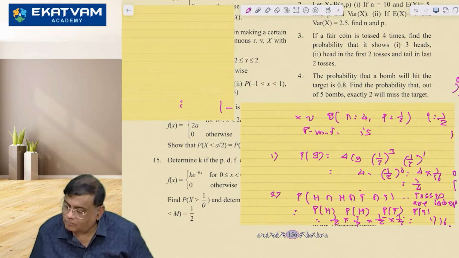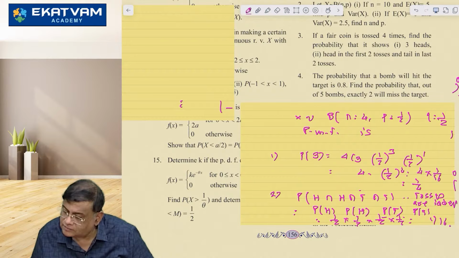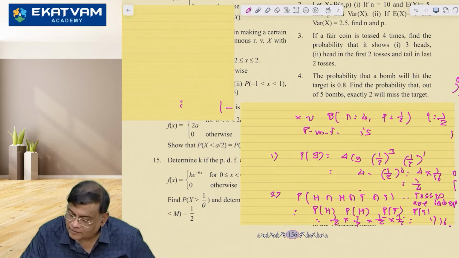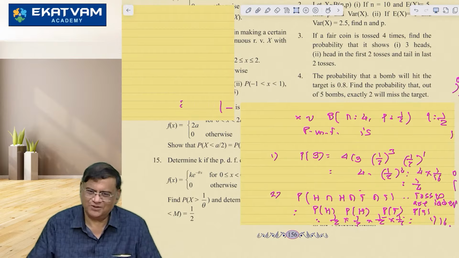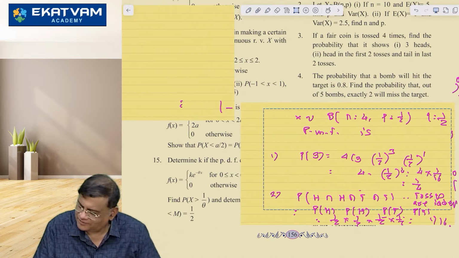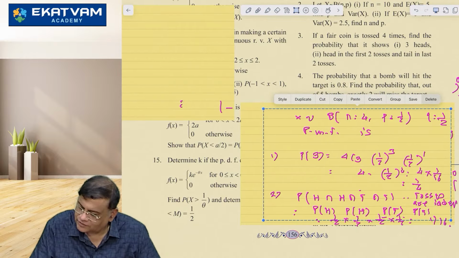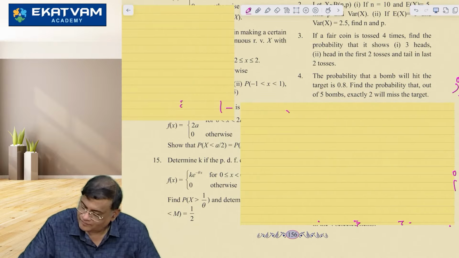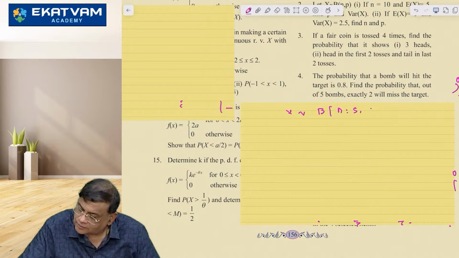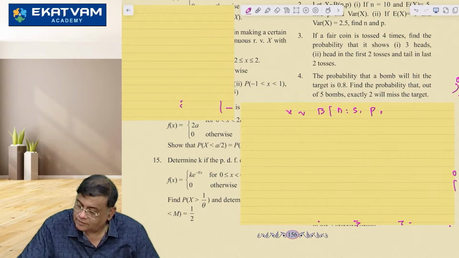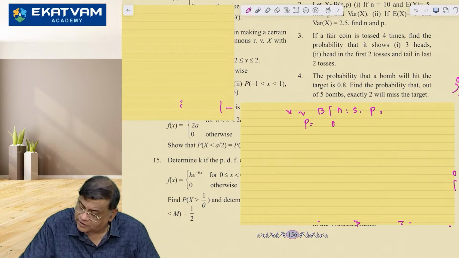Come on. Bomb will hit the target is 0.8. Out of the 5 bombs, how many hit the target? समझा ना? तो what you have is x follows binomial with n is 5, p is 0.8 मतलब 8 by 10 मतलब 4 by 5.